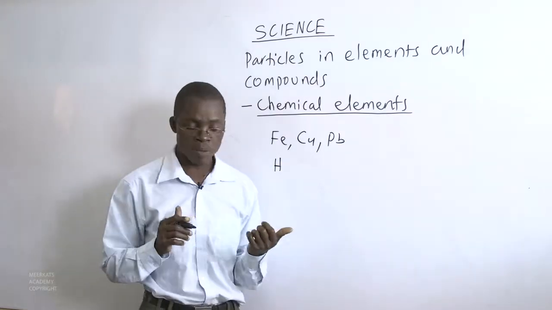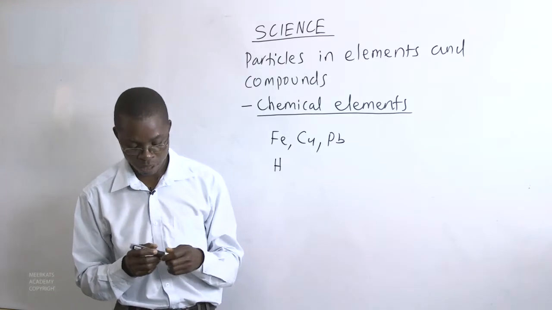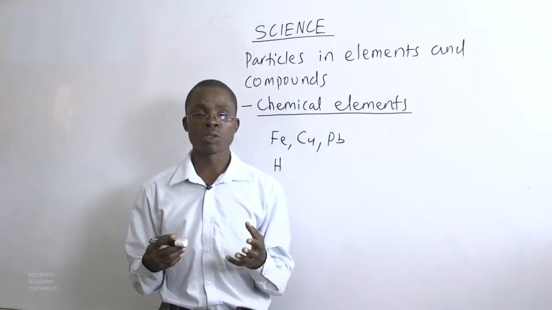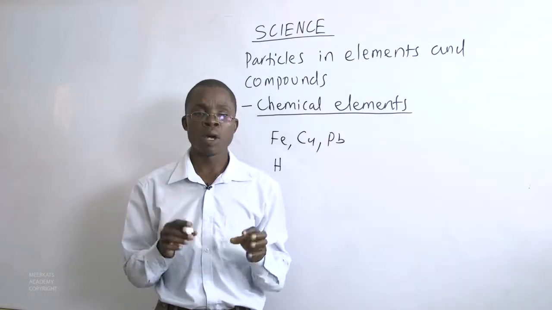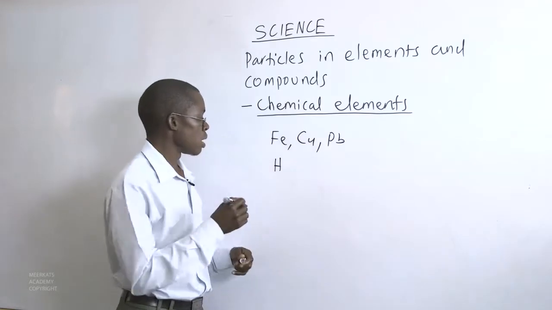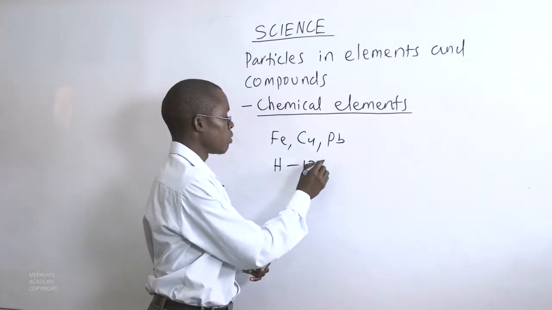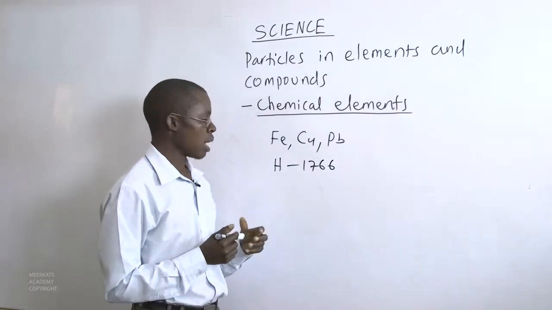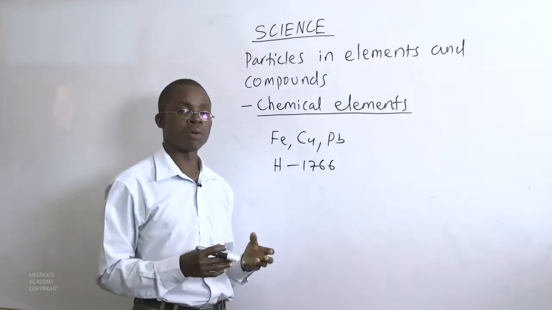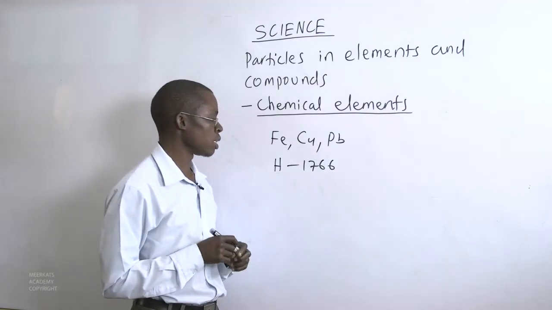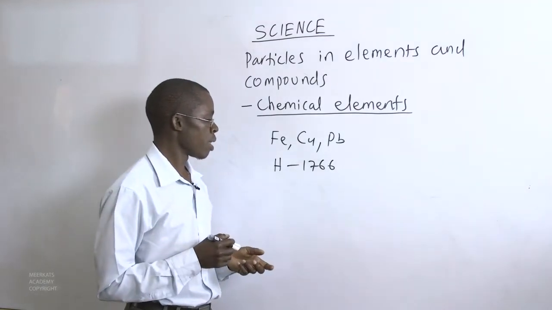This is an element that was discovered by a scientist by the name Henry Cavendish, and we also need to know when the element was discovered, and that comes out to be in 1766. So the first scientist to come up with an element, at least the one we can pinpoint, is Henry Cavendish, and that is in 1766.